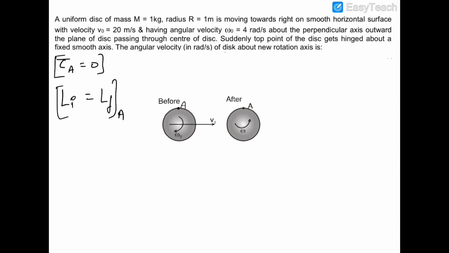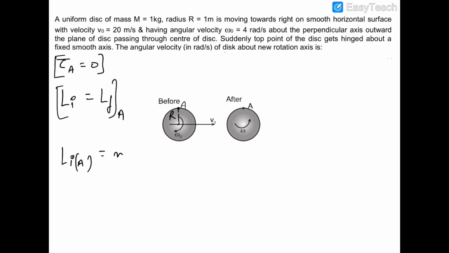Now we can write down the initial angular momentum about A. As this disk is moving, its center is moving with velocity v naught, and the distance of point A from the center is r. So its angular momentum is anti-clockwise, and it is m v naught into r.